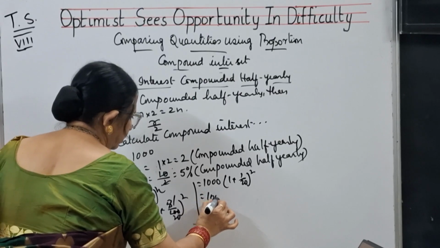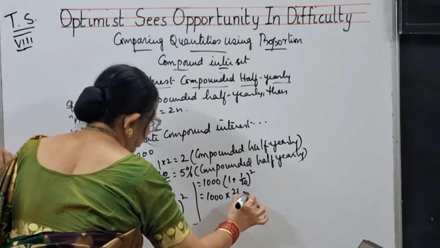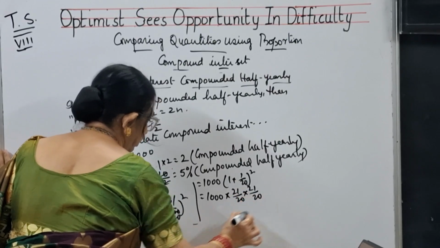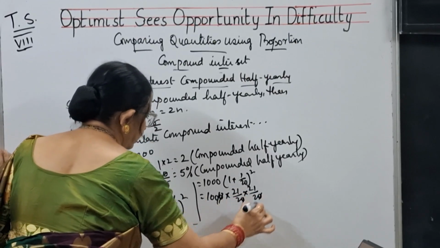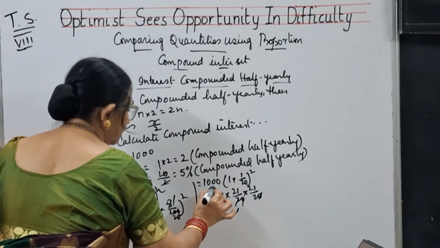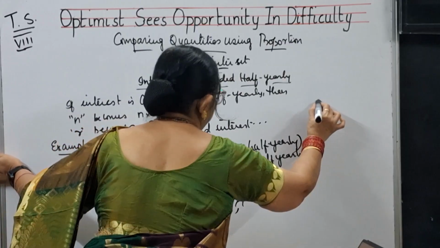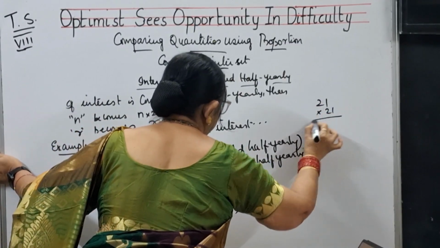That is 1000 into 21 by 20 into 21 by 20. So two zeros will get cancelled here, 5 twos are 10. So how much are you getting, children? 21 into 21.